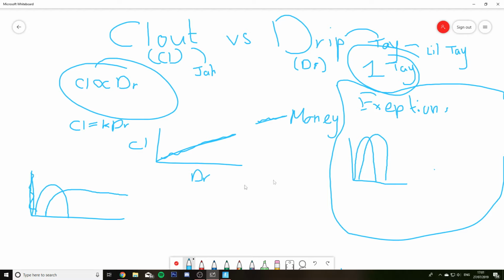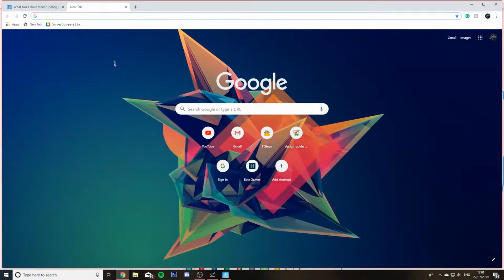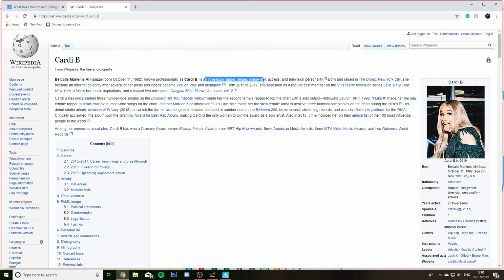And okay guys, the third exception is when you have clout, however you do not have what we call the cool factor. A popular example of this would be Cardi B. What does Wikipedia call her? American rapper, singer, songwriter, actress, and television personality.